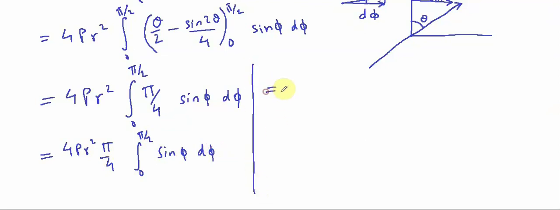This then is equal to, the 4 gets cancelled, and we have p r square pi and this integral. Now if you evaluate this integral, it turns out to be equal to 1.